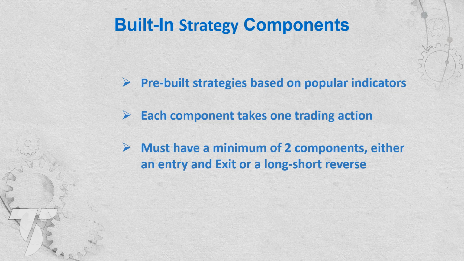Or you can use these components. Each of these components takes one action. You must have at least two strategy components, or at least two rules for either entering and exiting or entering and reversing. So at the very minimum, you're going to have at least two components, either a reversing idea or an entry and an exit.